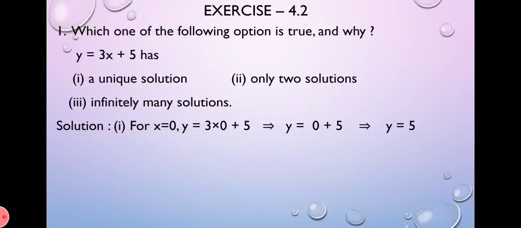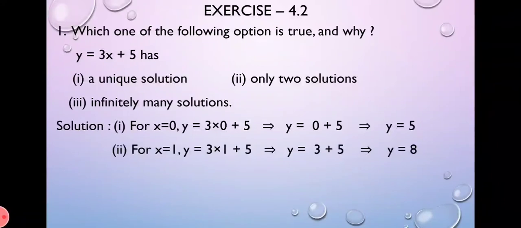Let us try different solutions for the given linear equation. If we take the value of x equal to 0 first, then putting the value in the linear equation, we get y equal to 3 into 0 plus 5, that is y equal to 0 plus 5, that is y equal to 5. So for x equal to 0, y is 5.